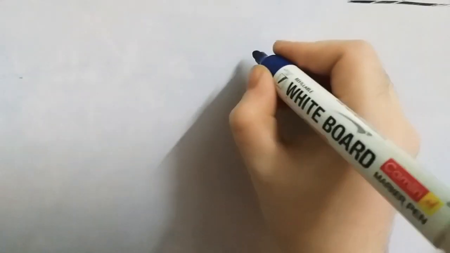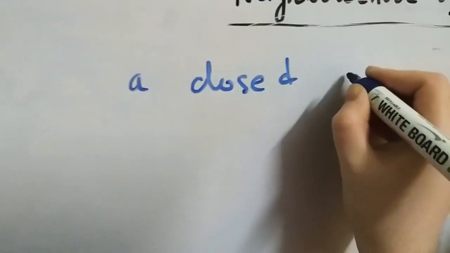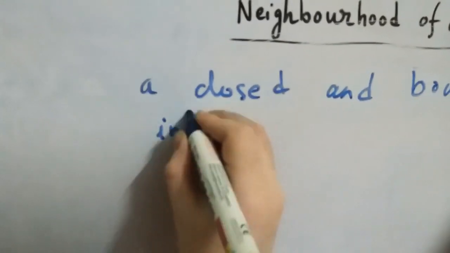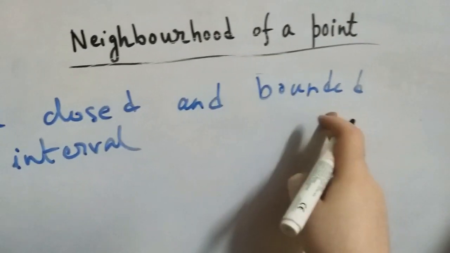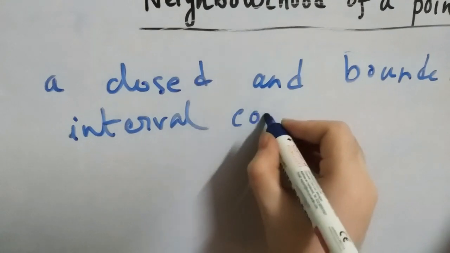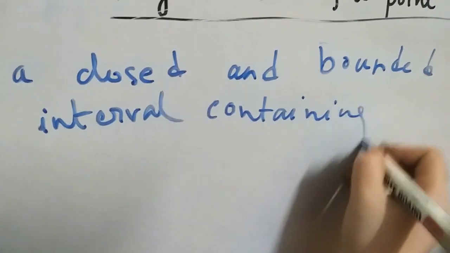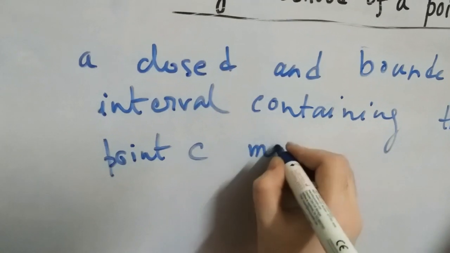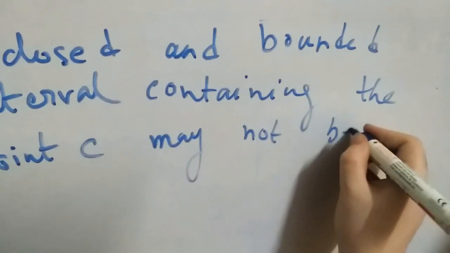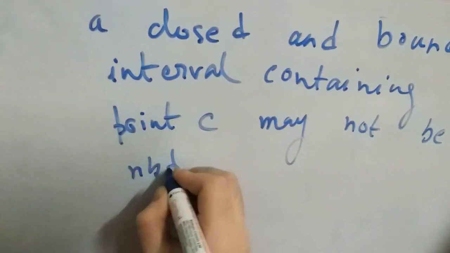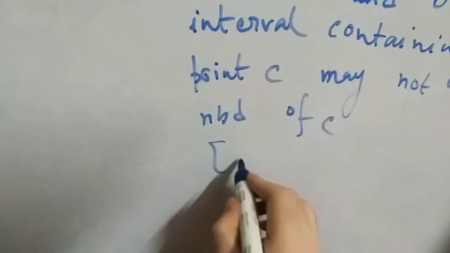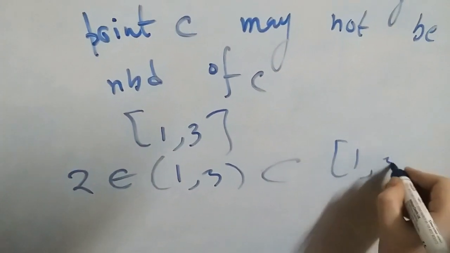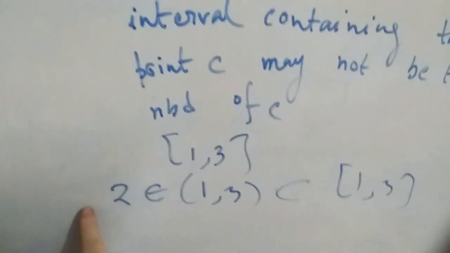So a closed and bounded interval containing the point C may not be a neighborhood of C. 2 belongs to the open interval (1, 3) contained in the closed interval [1, 3], so this closed interval is a neighborhood of 2.